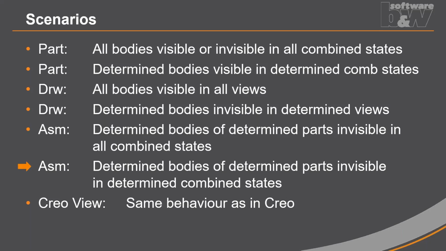And finally, in the assembly mode, I want to have a mechanism to have a combined state that shows all the bodies of a part or a component in this case, and another one where from one component a body is invisible. And again, Creo View is another scenario. I just want to see if the same behavior is created as in Creo Parametric.